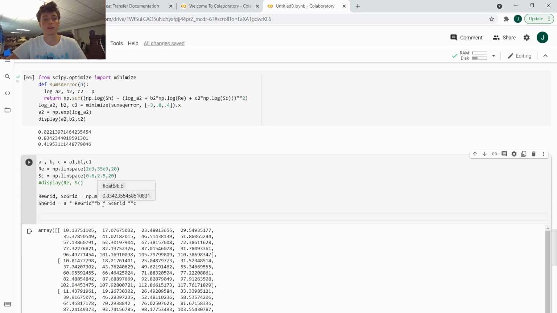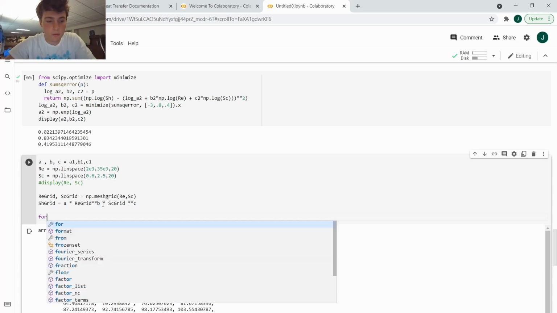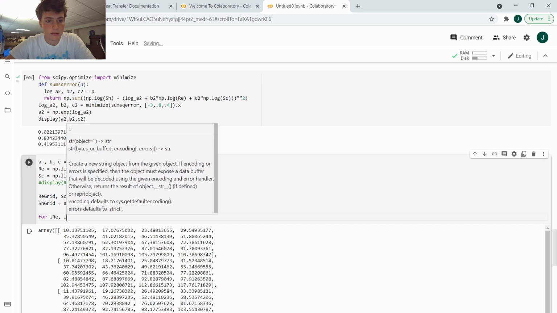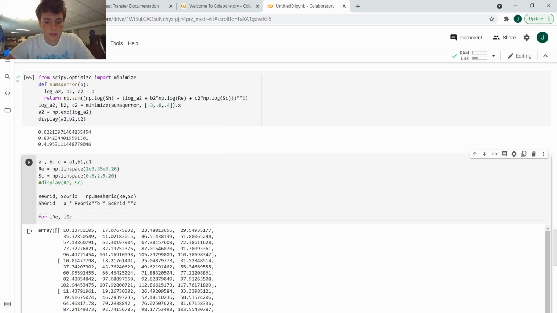And then for each of those pairs, for groups of those, we're going to graph the line, and then it's going to go to the next element, and then graph that line, and so on. So we can just say an instance of Reynolds, an instance of Schmidt, and an instance of Sherwood in zip.